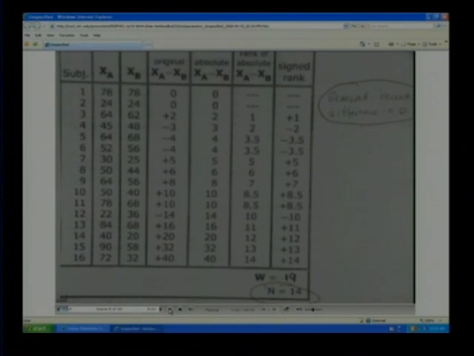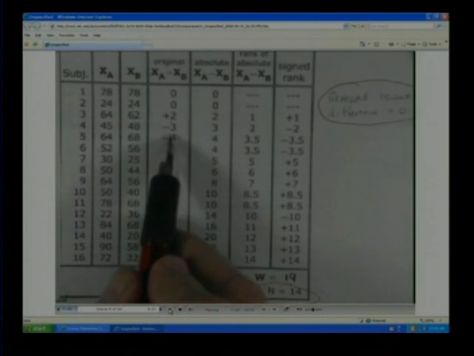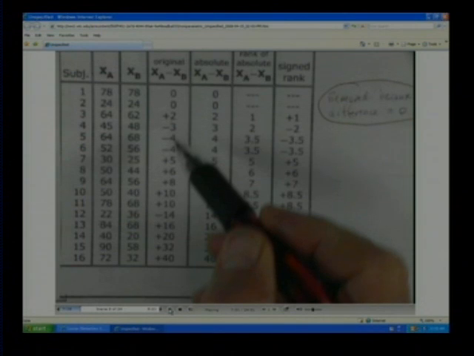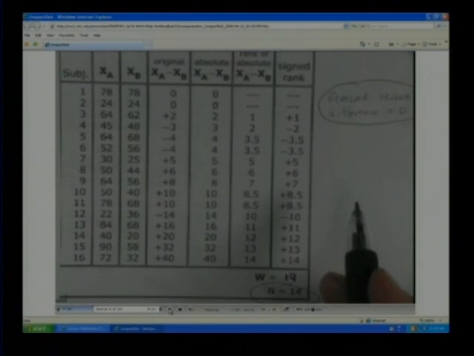So 64 minus 62 is 2, 45 minus 48 is minus 3. We go through and get the differences, and then we calculate the absolute difference. We just take the minus sign off of it. Minus 3 becomes a 3, minus 4 becomes a 4, plus 5 becomes a 5.